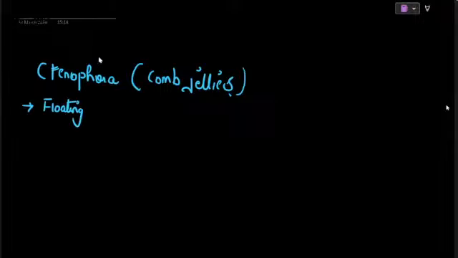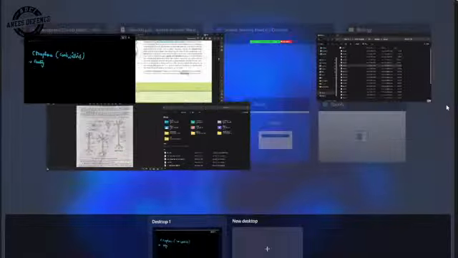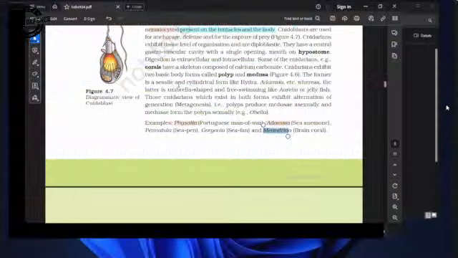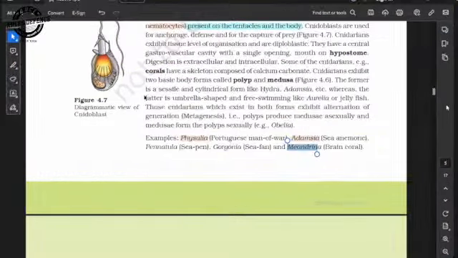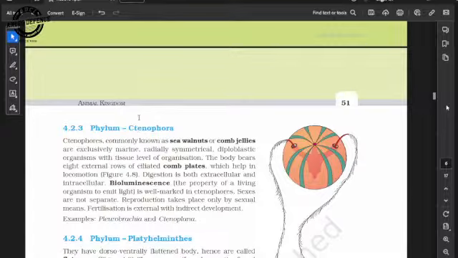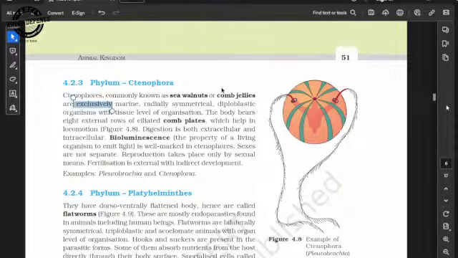If you see your textbook, please mark the points they have mentioned here. They are exclusively marine. They are also known as sea walnuts, comb jellies.